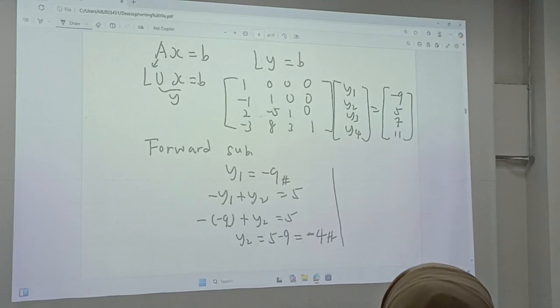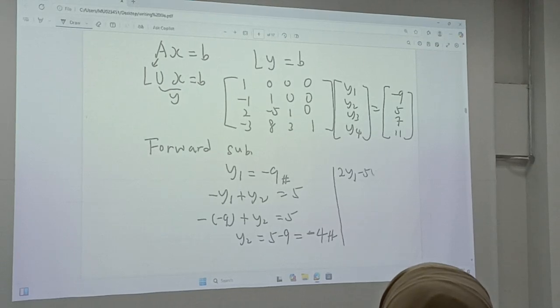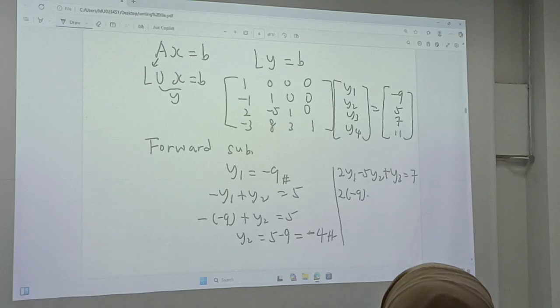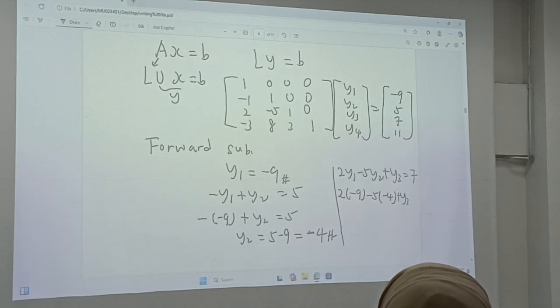Then move on to the third row: 2 times y1, negative 5 times y2, plus 1 times y3 equal to 7. So 2 times negative 9, minus 5 times y2, where y2 equal to negative 4, equal to 7.